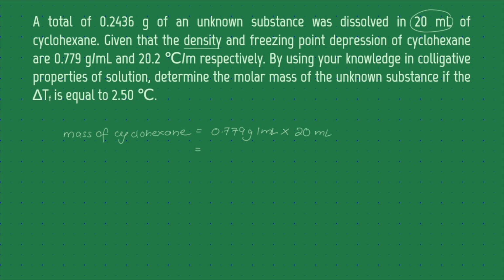So the mass of the cyclohexane should be equivalent to 1.5580 times 10 to the power of 1 gram. So this is the mass of your cyclohexane.